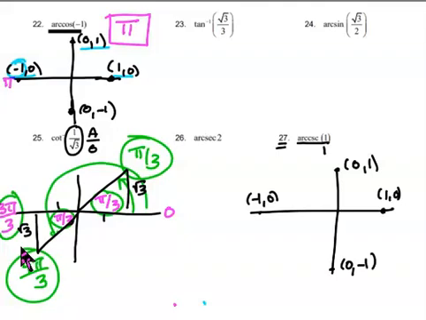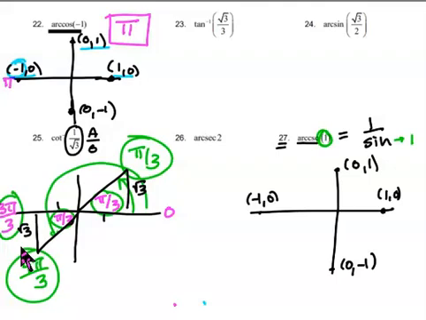But remember, the cosecant is really 1 over the sine. So if I want 1 over the sine to be equal to 1, my sine has to be 1. I want to know where the sine is equal to positive 1, because that's the only thing that's going to give me a cosecant equal to 1. Cosecant is just the reciprocal of sine.